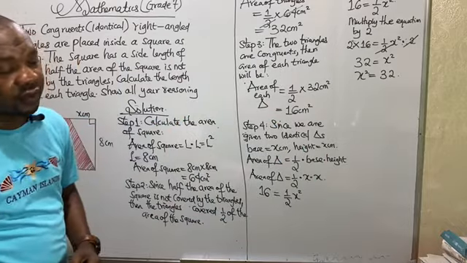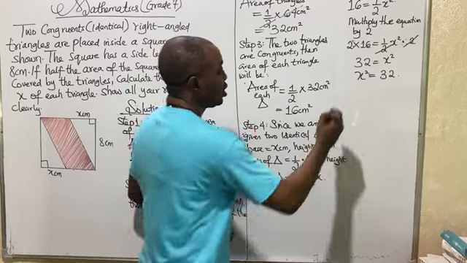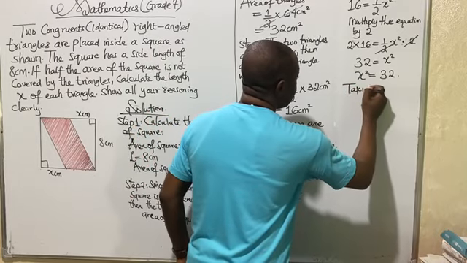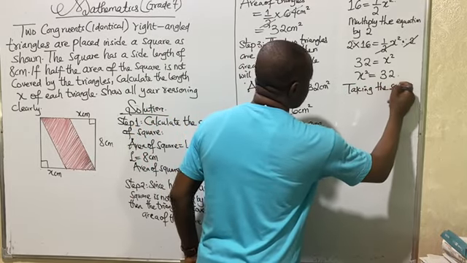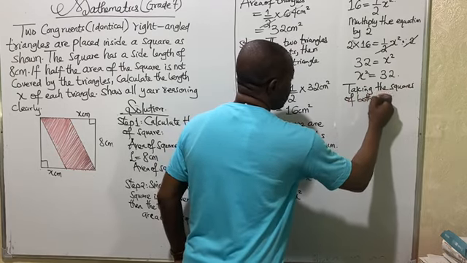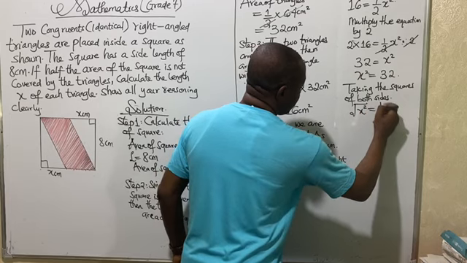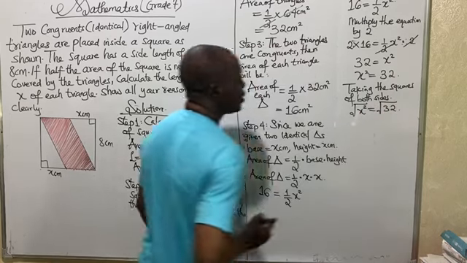Now to get the value of x, what we need to do here is to take the square root of both sides. So we then have the square root of x squared equals the square root of 32.